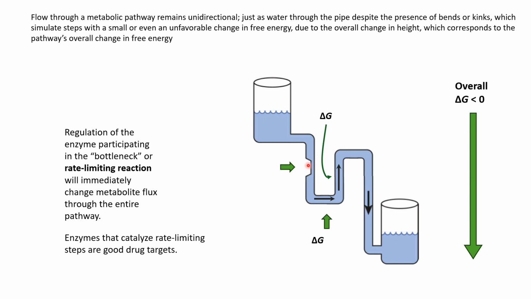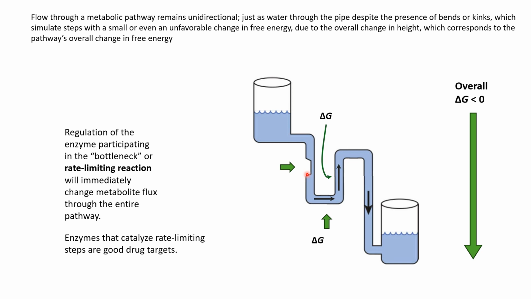If we didn't have this, then it would take much less time for this reservoir to empty and this reservoir to fill. That's kinetics. However, regardless of how fast or slow this is going to happen, it's going to happen all the same. And we can control how fast or slow by this bottleneck here.